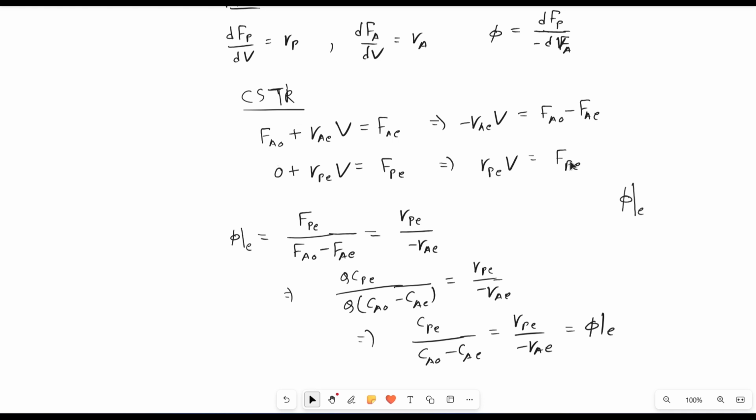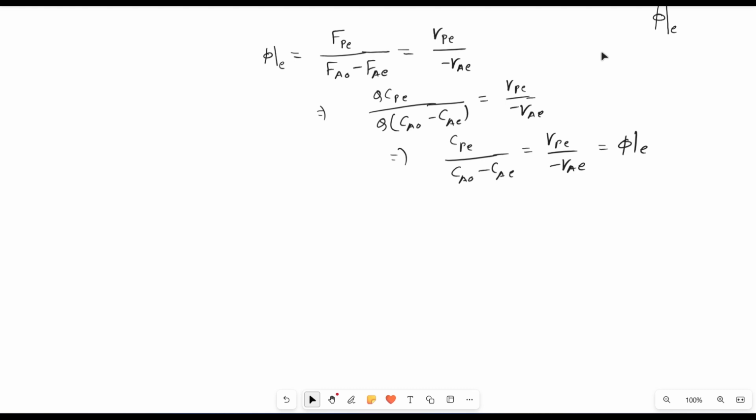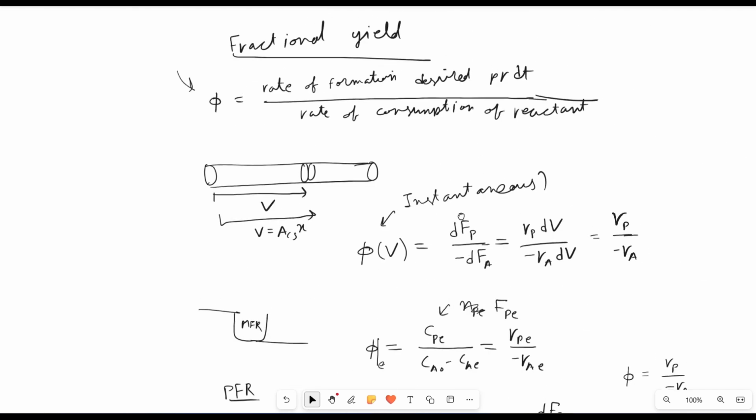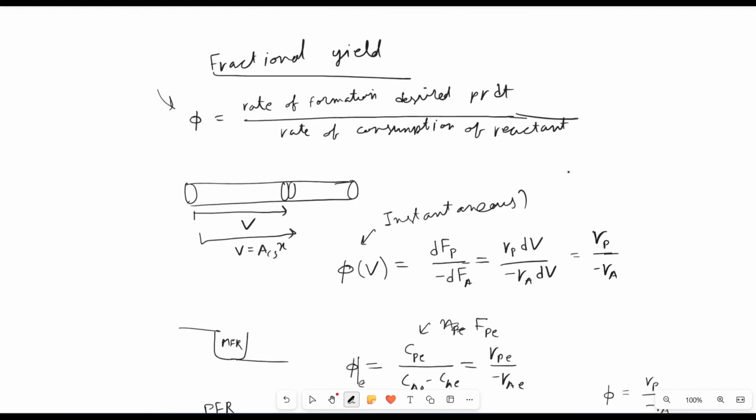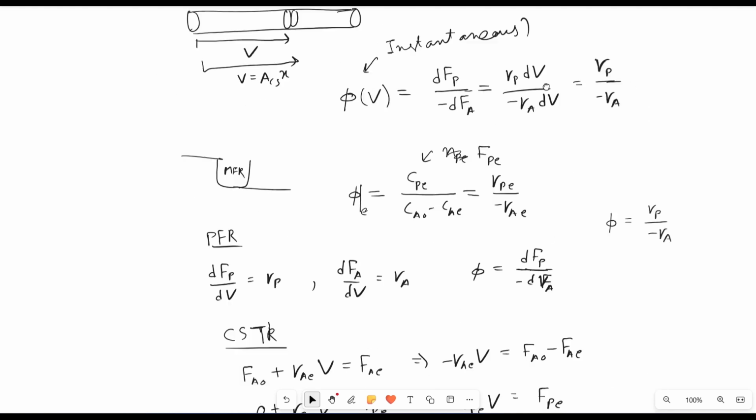Now, in many cases, as from the definition of fractional yield, it is the rate of formation of the desired product by the rate of consumption of reactant. This is basically Rp divided by minus Ra. In many cases, experimental data are used.